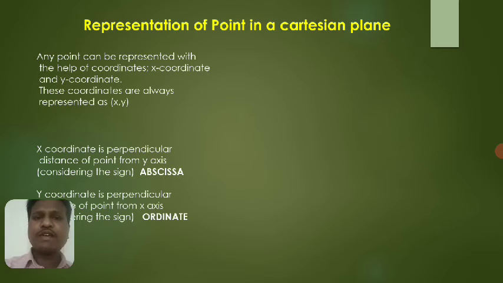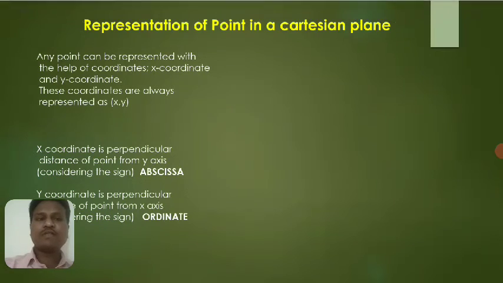What is the x coordinate? It is simply the perpendicular distance of a point from the y axis, which is also called the abscissa. And what is the y coordinate? It is the perpendicular distance from the x axis, which is also called the ordinate. Let me elaborate this with the help of one example.